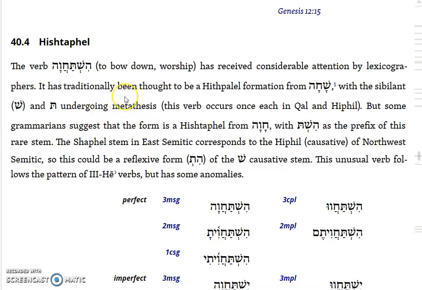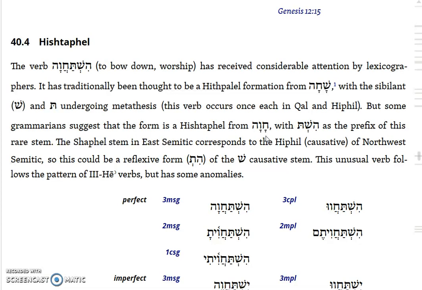But anyway, more recent grammarians believe now that the real root is het vav he with a shafel shin and a hit for a reflexive type form.